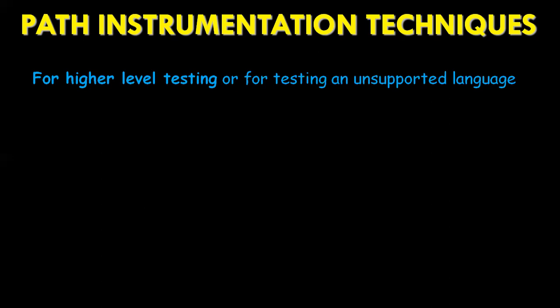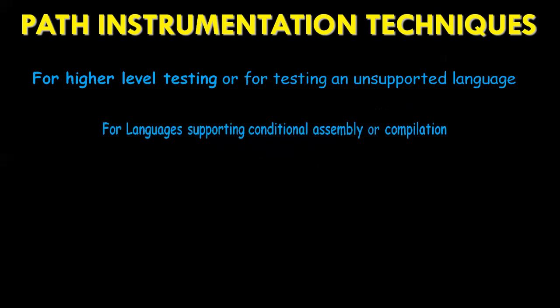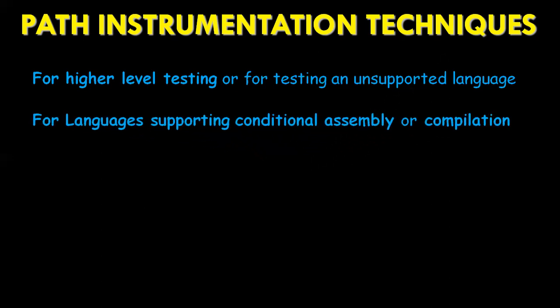And where we can implement this is for languages that support conditional assembly and compilation. Here the probes are written in the source code and they can be tagged into categories. The counters and traversal markers can be implemented, and we can selectively activate the desired probes.